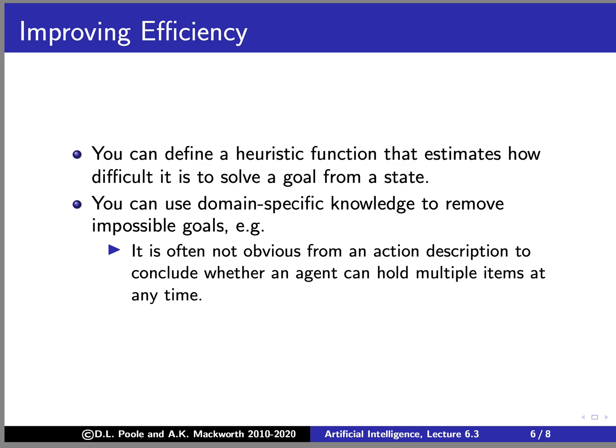One example is that it's often not obvious from an action description whether a robot can hold multiple items at any time. So the goal might be to hold the coffee and hold the mail, and it might be hard to say whether that's actually possible or not. So sometimes we're going to use domain-specific knowledge.